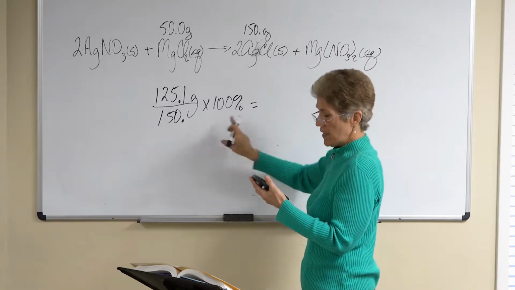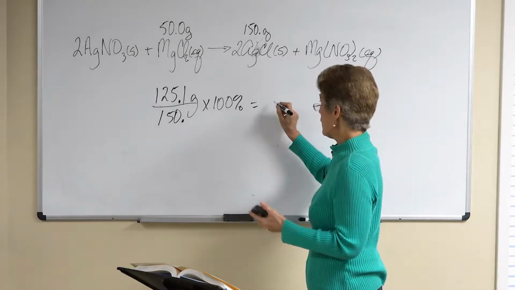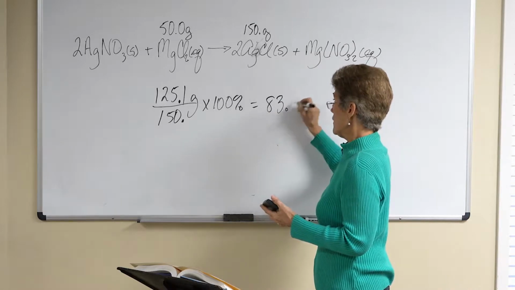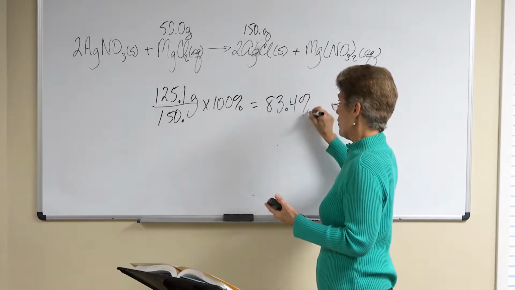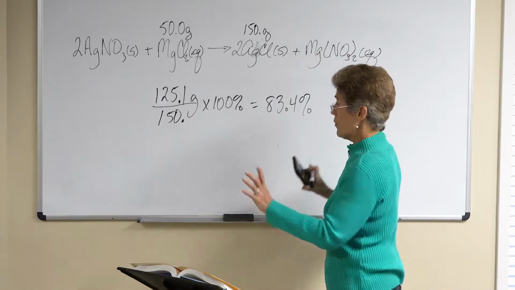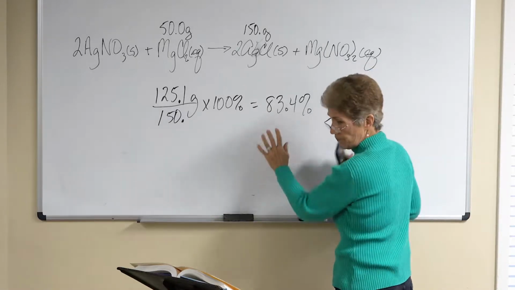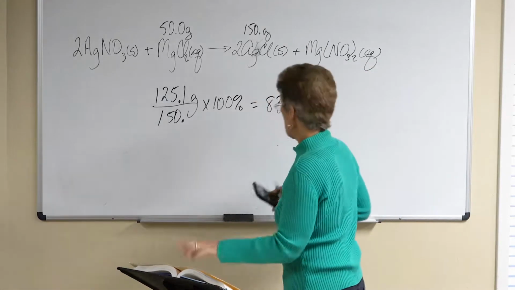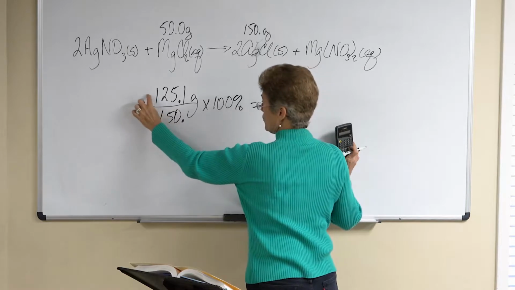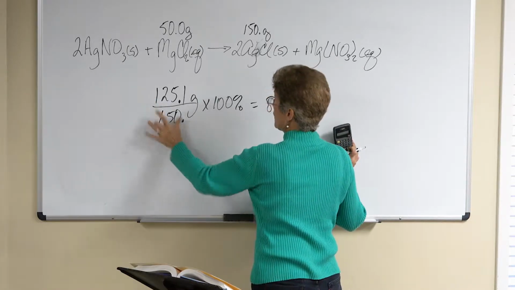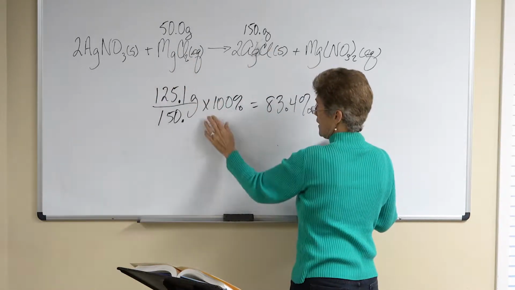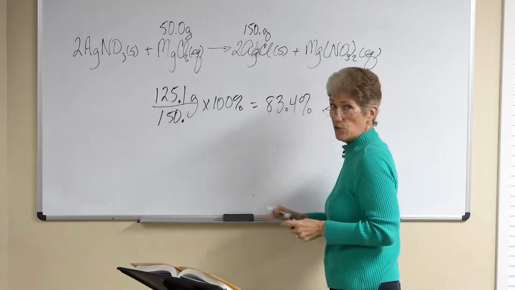We have 3 significant figures, so our answer has to be in 3 significant figures. So my answer is 83.4%. So remember, to find your percent yield, you take the actual, which is what you got in the experiment, divided by the theoretical, which is what you calculate, times 100%, and then that gives you that.